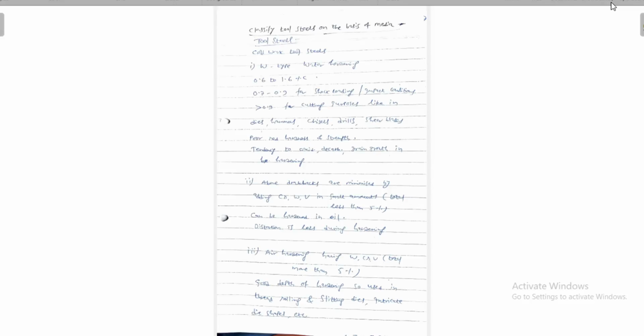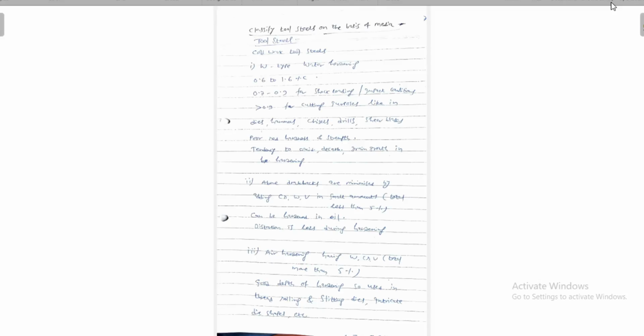And if the intensity of the thermal stresses developed during rapid cooling exceeds a critical value, your tool may be broken into two or more pieces. So distortion and cracking are difficult to avoid in W type or water hardening tool steel.